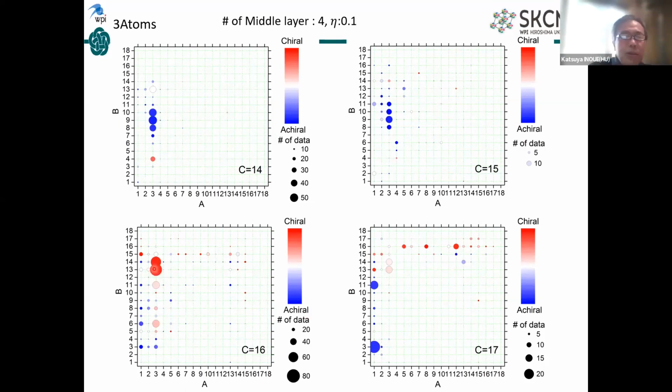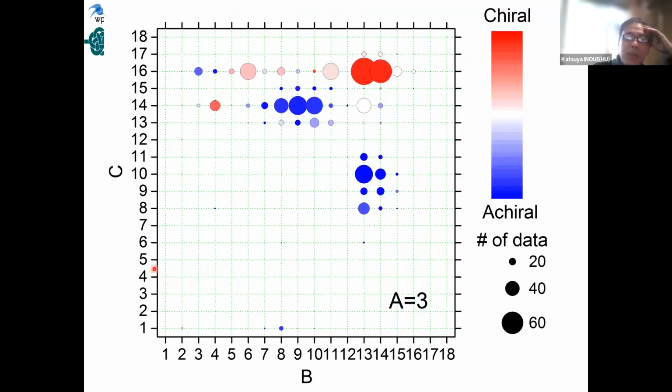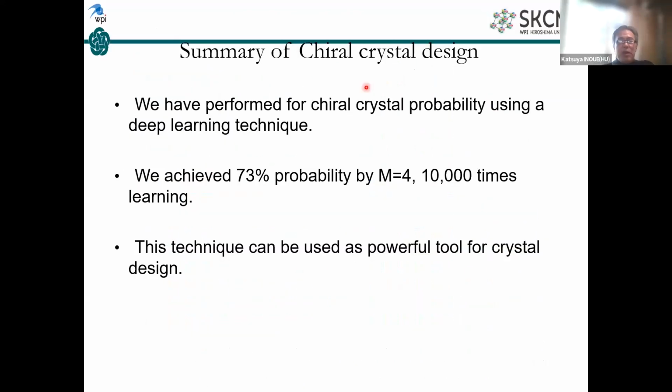But anyway, if we use the deep learning system, we can choose the elements to get the chiral crystal. So the deep learning system can be used for chiral crystal design.